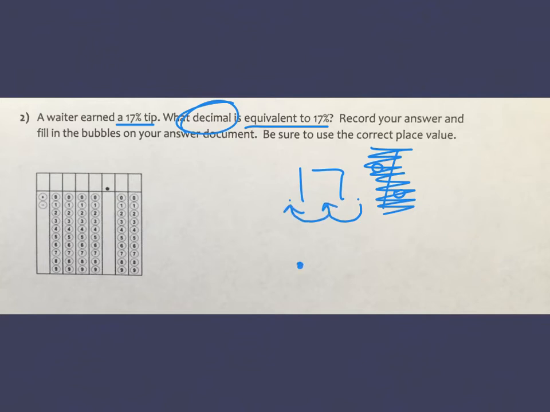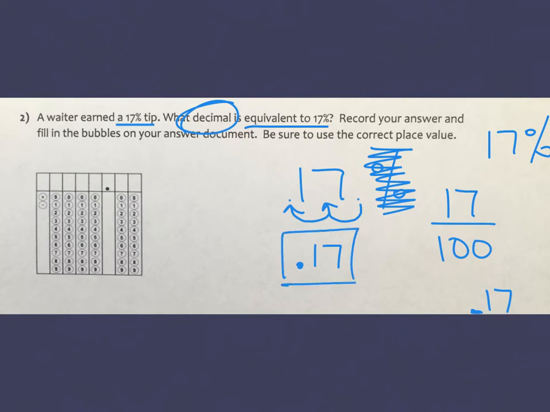So we get 0.17 or 17 hundredths, which makes sense because a percent is of 100. 17 of 100 would make 17%, which would make 17 hundredths as a decimal. Now we need to make sure we carefully place this in the correct place value. 17 following the decimal, and we shade in the bubbles.